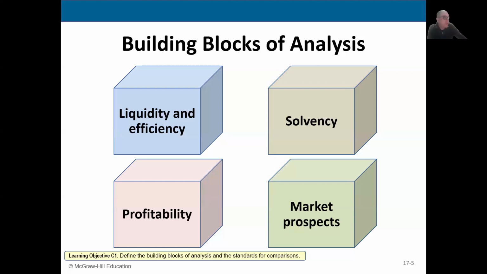Profitability is similar to net income. If you remember the income statement has revenues, which are sales, and all of your expenses. And at the end is what we call net income. It's your sales revenue minus all of your expenses equals net income. You remember that from Principles of Accounting 1.